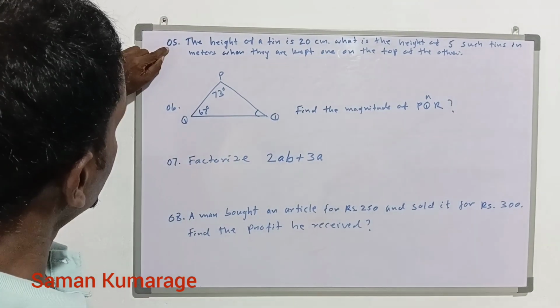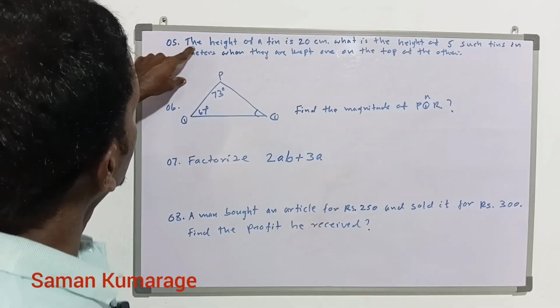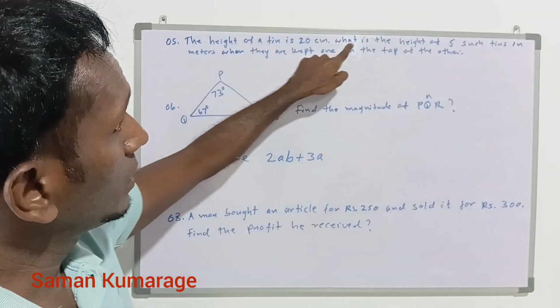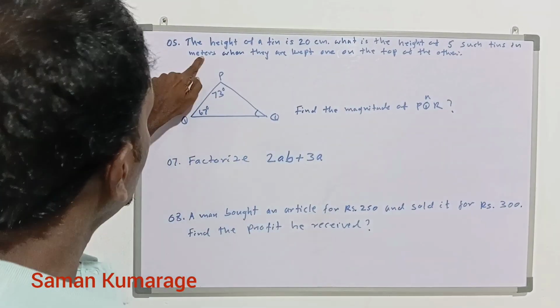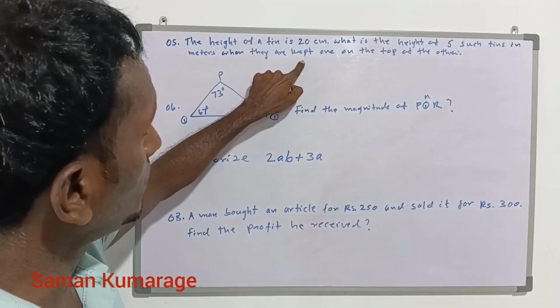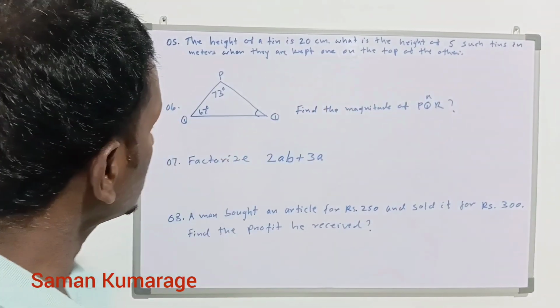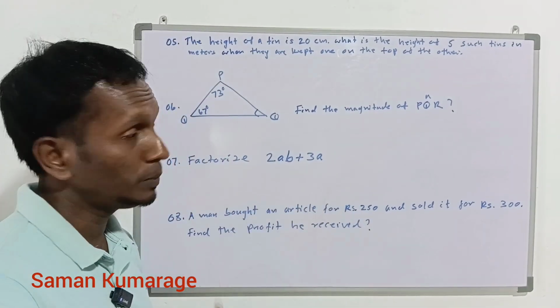Now we are on question number 5. The height of a tin is 20 centimeters. What is the height of 5 such tins in meters when they are kept one on the top of the other? So the height of a tin is 20 centimeters.